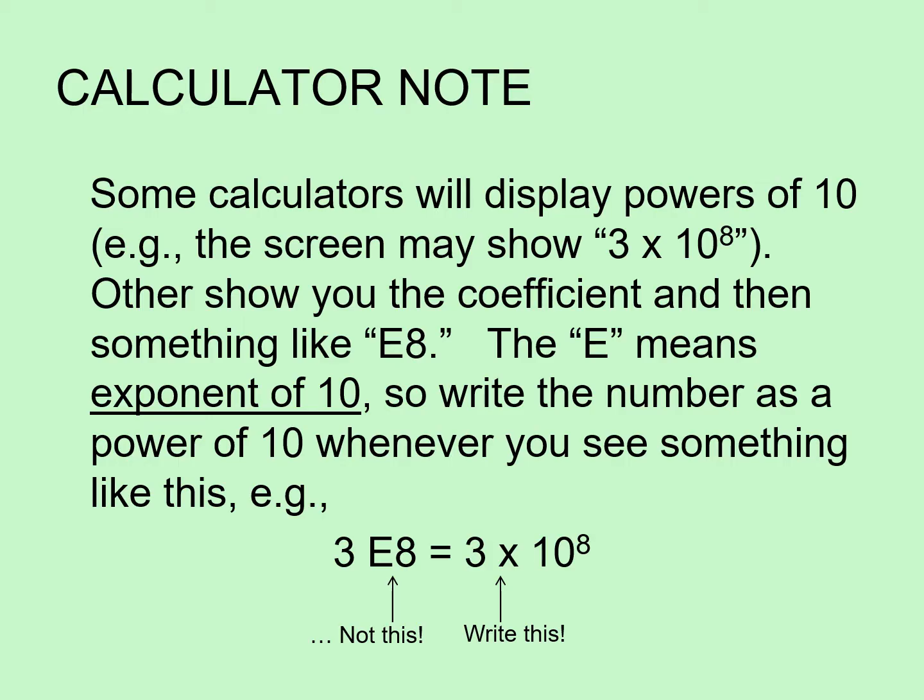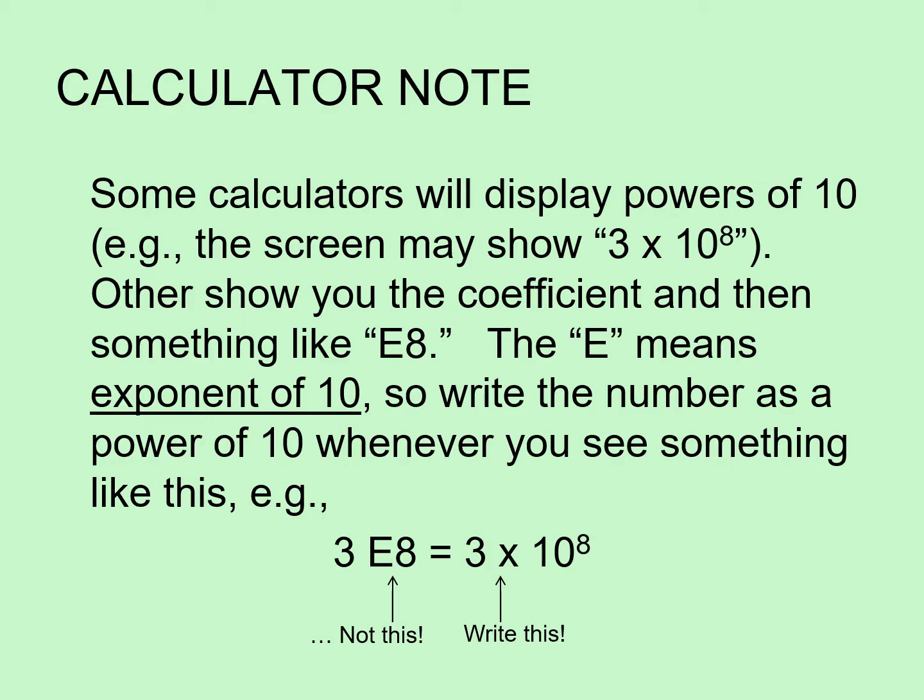It's simply an artifact of when calculators were first made into the handheld models back in the 1970s. The screen was not large enough to display very many digits, and so this shorthand notation was used to take up less space on the screen, but it turns out to be very handy. And the reason why it's very handy is when your calculator is using this exponent notation, the E value, it treats that entire thing like one number.